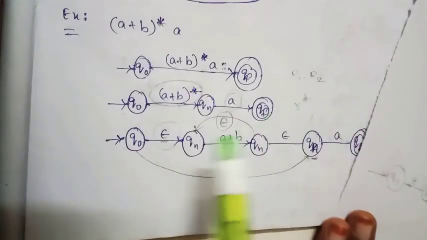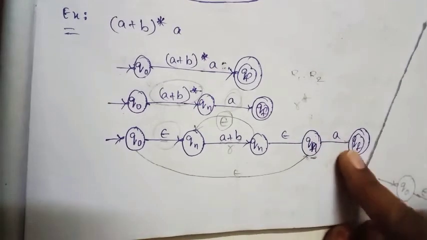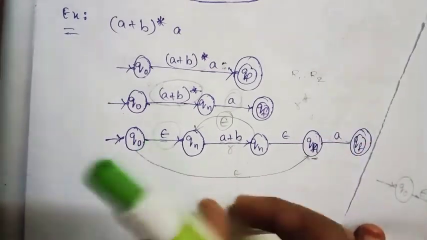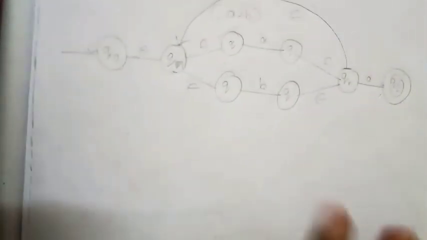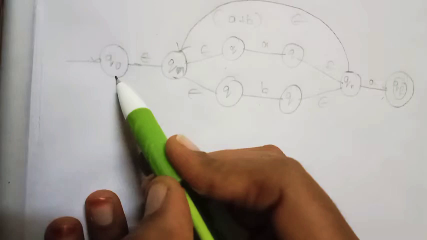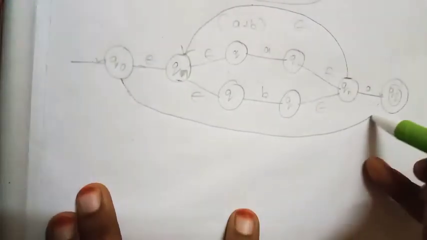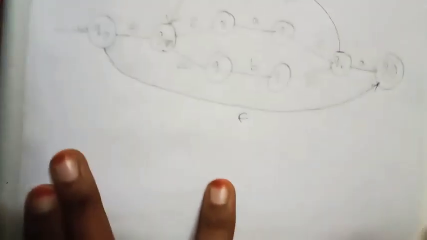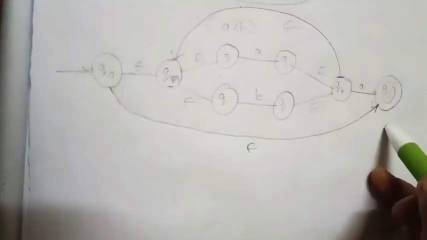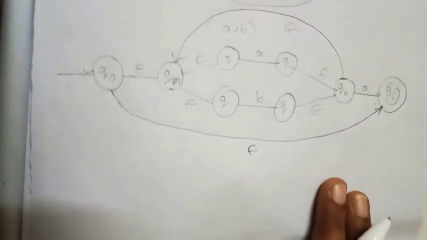Then what about the next thing, from Q0 to Qn? That means for whole, now we are taking that for last also for A, and from Q0 to final state. At last we are taking that from initial state to final state. This is the completed bottom up approach, guys.